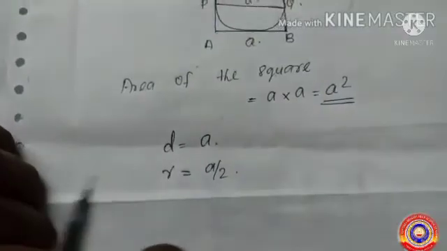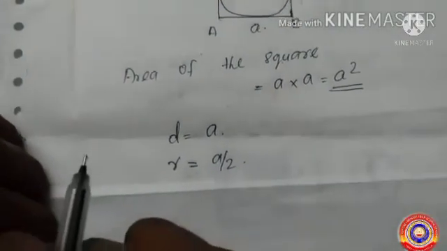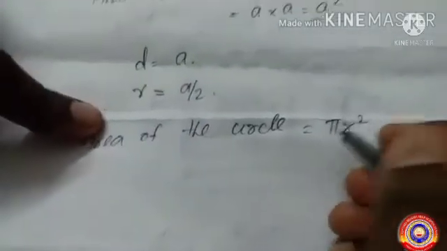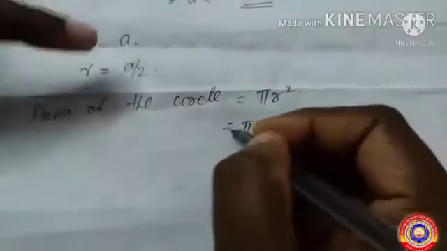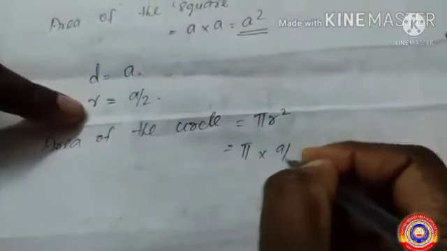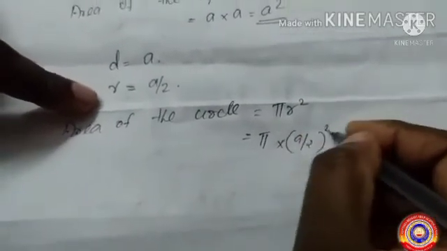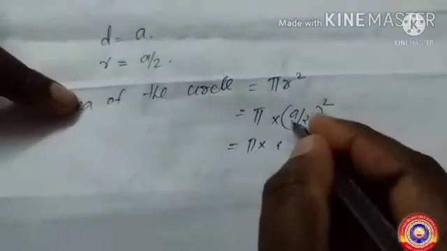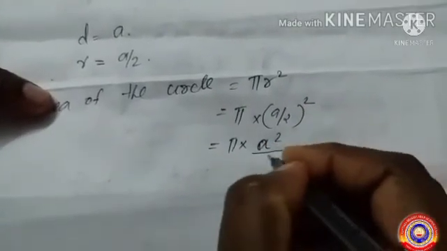Next we have to find the area of the circle, which is equal to pi r square. It is equal to pi into A by 2 the whole square. So it is equal to pi into A square by 4.